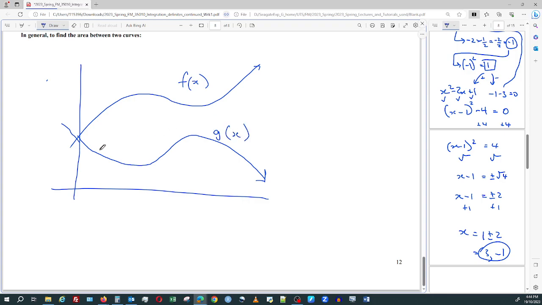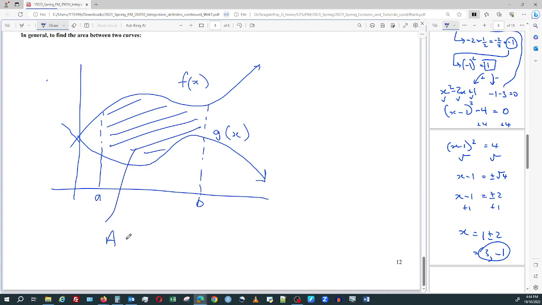And if we had 2 points A and B, and we were to find the area between the curves on that interval, then the area would be the difference from A to B for f of x dx, minus the integral from A to B of g of x.